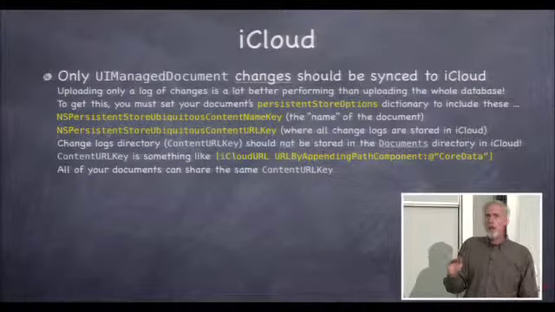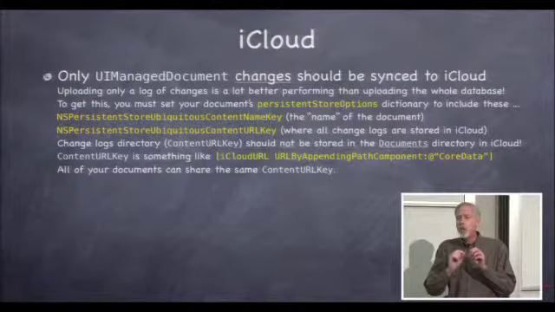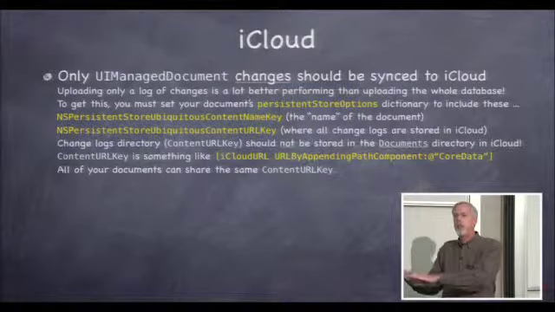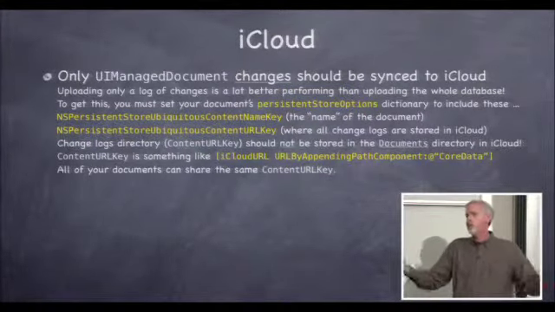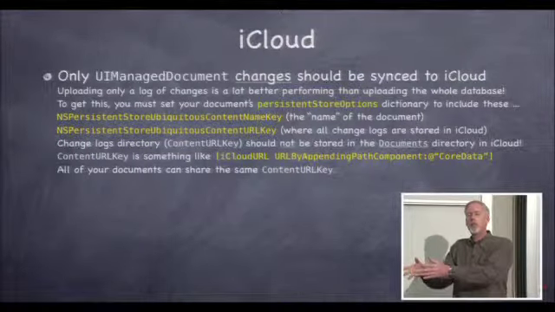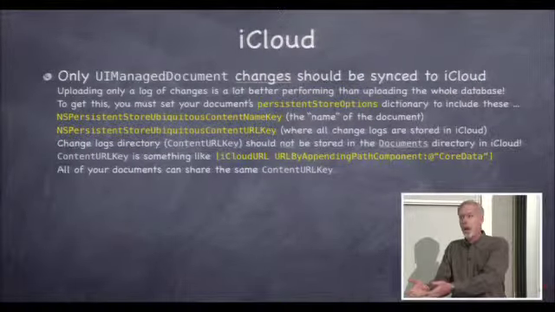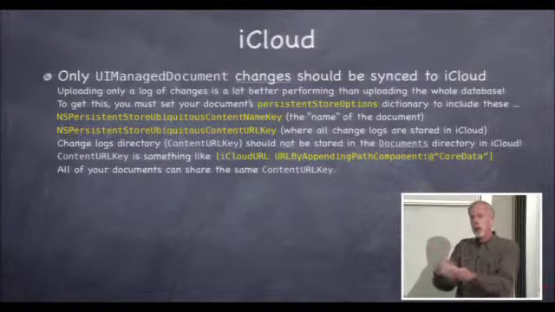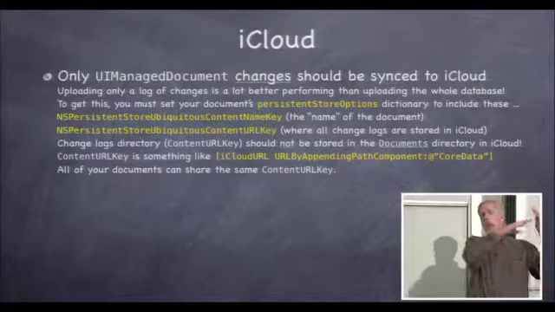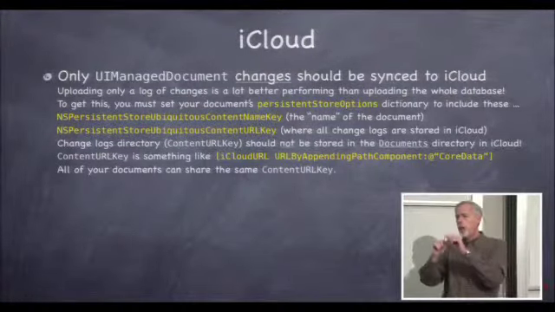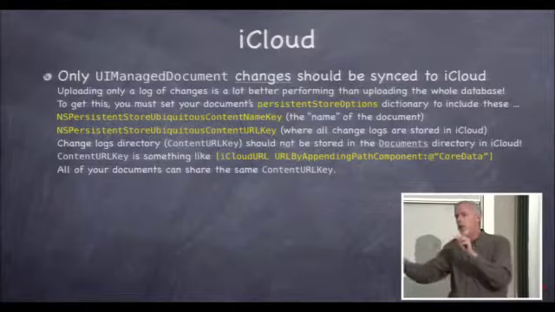This next one, the NSPersistentStoreUbiquitousContentURLKey, is supposedly optional, but I'd set it anyway. This is the URL in the cloud where all those change logs are going to be put. As all the changes are made to the Core Data database and it's putting up these logs of the changes, that's where it's going to put them. That does not want to be in your documents directory. It wants to be in the cloud somewhere, probably in a directory that's a sibling of the documents directory, like maybe the iCloud URL slash core data or slash transaction logs.